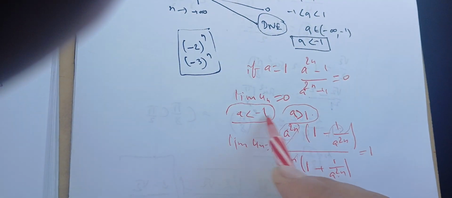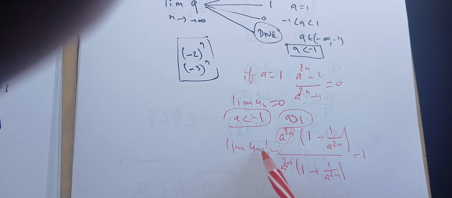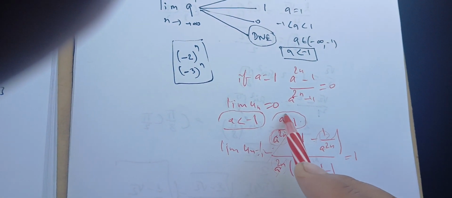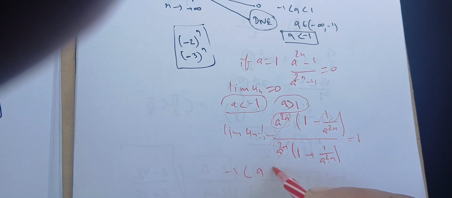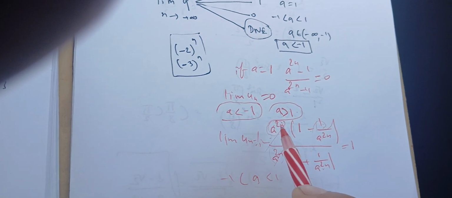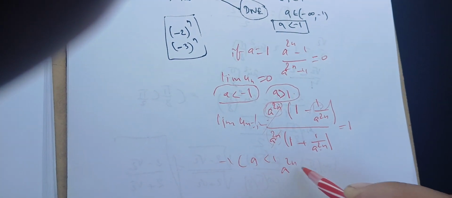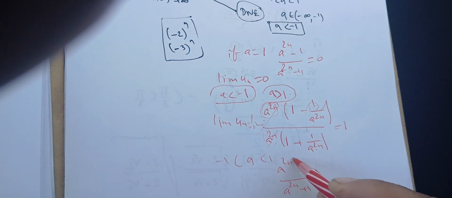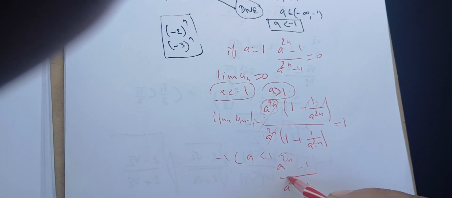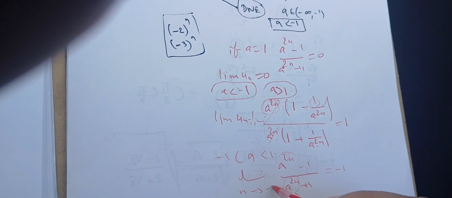If a is minus 1, this one will be positive, and it will be bigger than 1, and in this case the limit is 1. If a is between minus 1 and 1, a to the power 2n minus 1 over a to the power 2n plus 1, this one will be 0, this one will be 0, therefore I have the limit is minus 1.